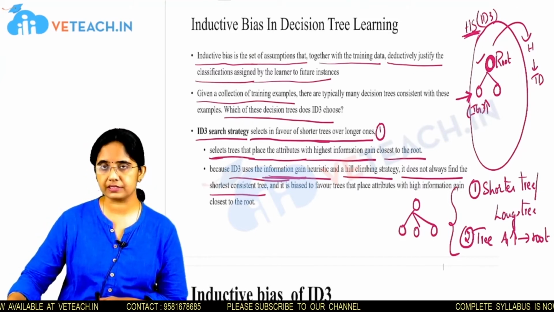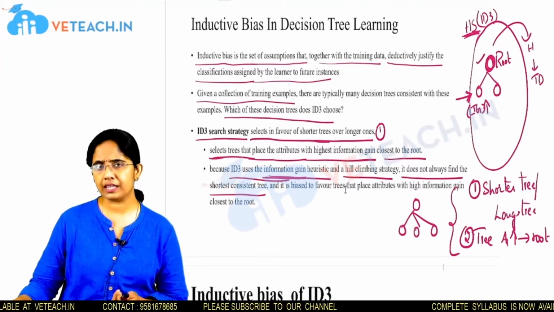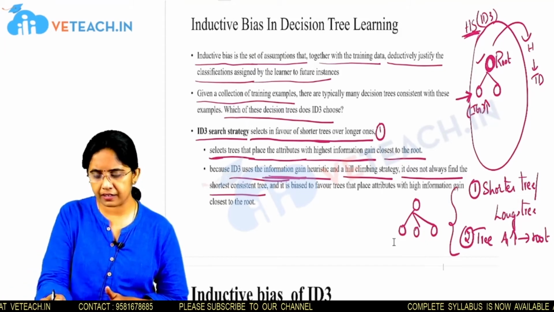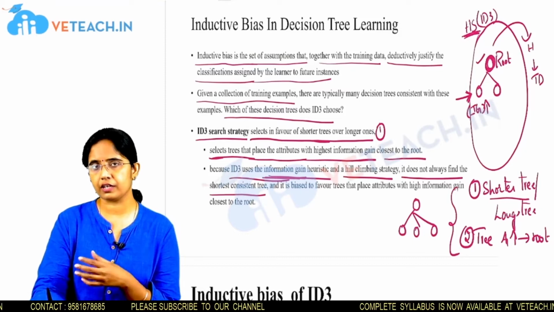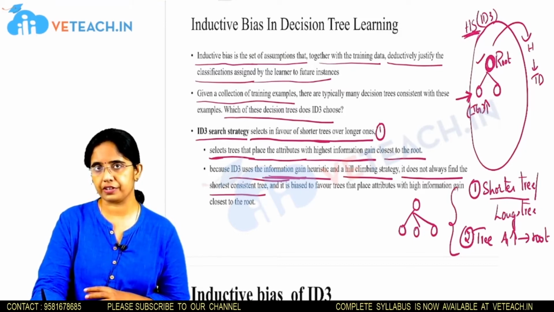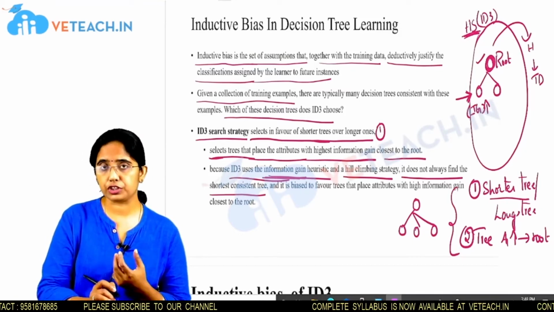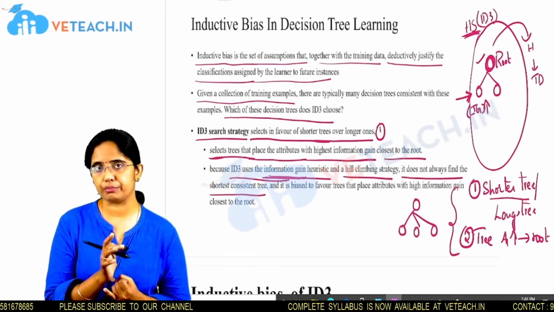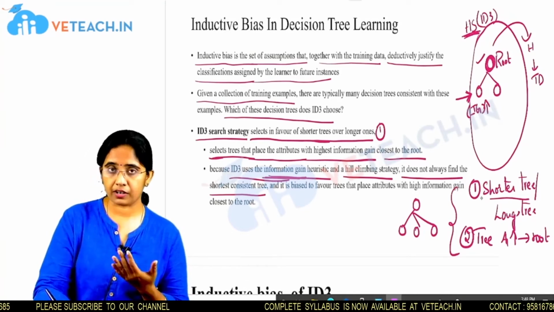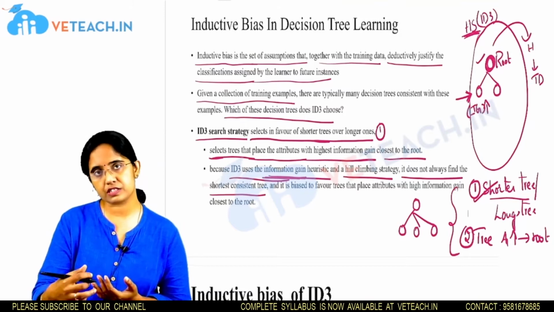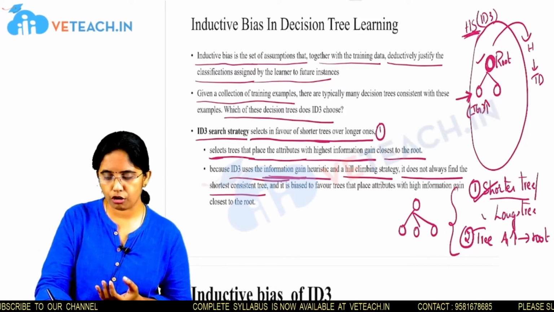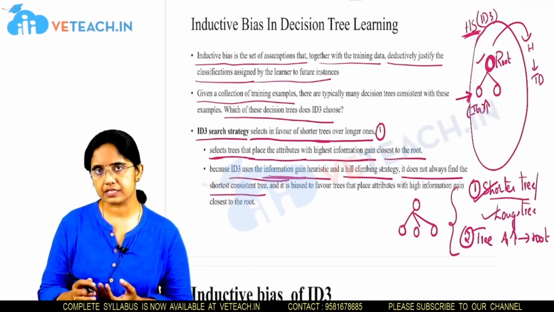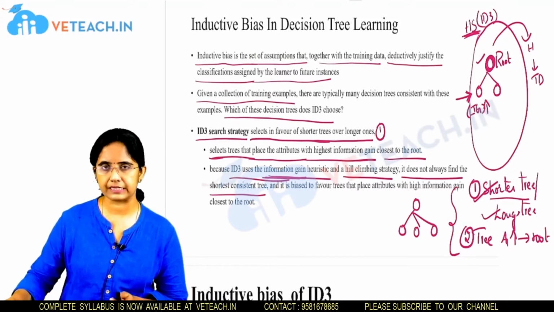During this process, we cannot always say that a shorter tree will be consistent with the training data set, or that a longer tree will be. For some training data sets, according to our assumption, shorter trees may be consistent, but for some training examples, longer trees will be consistent. That is the actual problem.